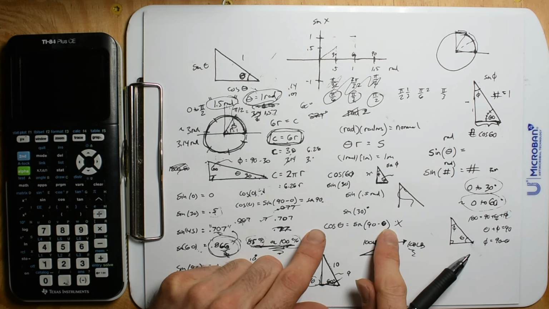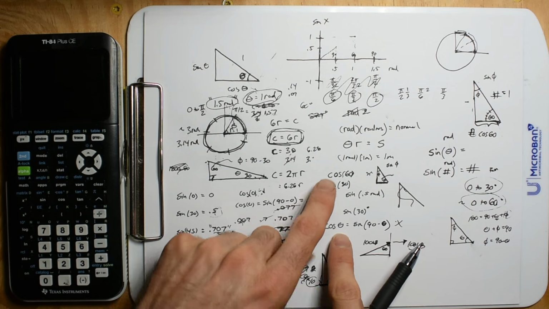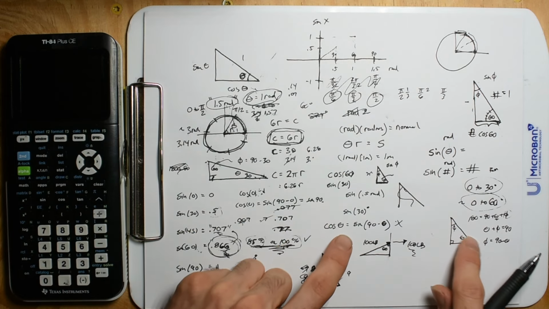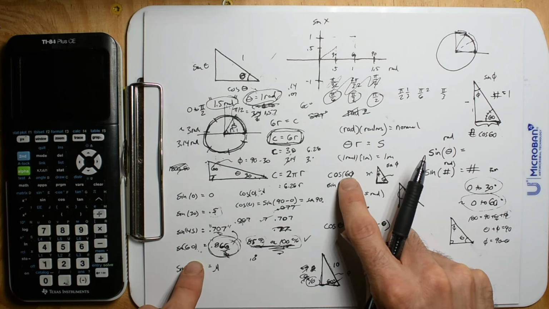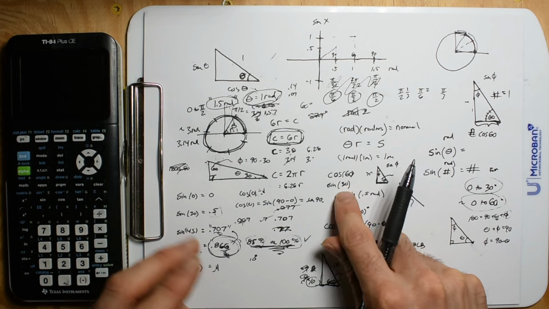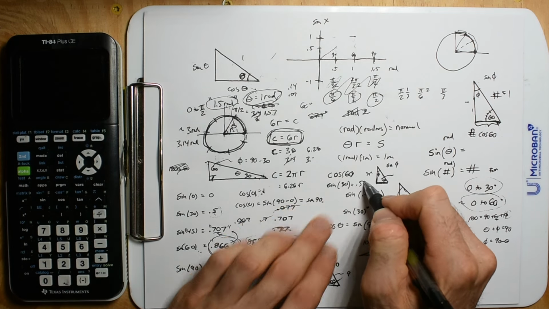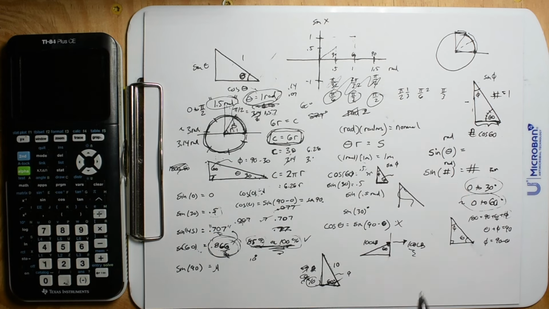Just know the basics, and every time, scratch your head and ask, well, what is cosine 60? How do I get from cosine 60 to a sine of some number, sine of 30? But now it's really easy. Sine 30, we know that is 0.5, and then we know cosine 60 is 0.5.